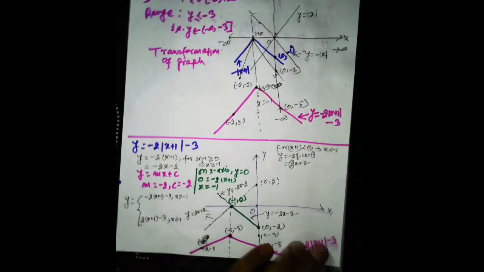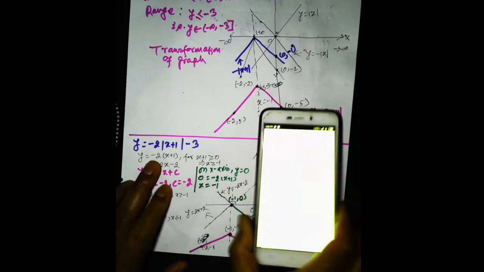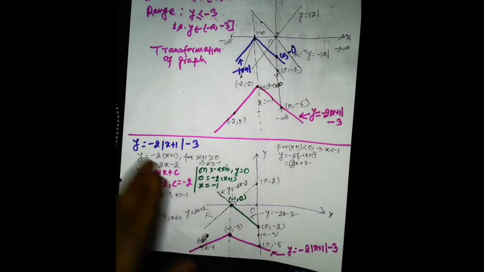Now it is important when we are learning graphs to go through graphing software. Although this is not allowed in your exam, you can test whether the graph you have drawn is correct in order to build up your confidence. I'm not going to type all the steps here.